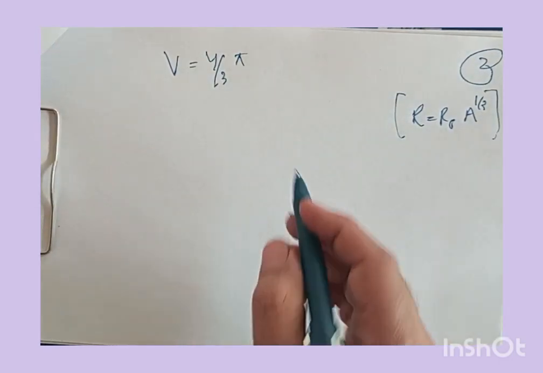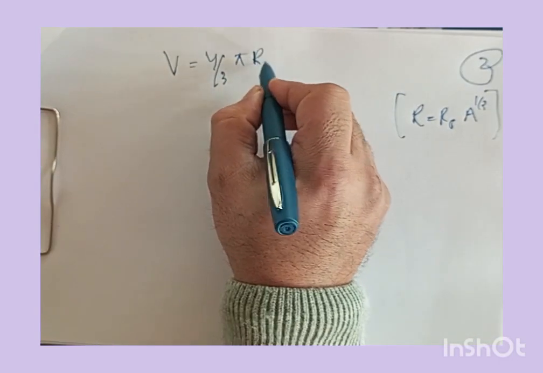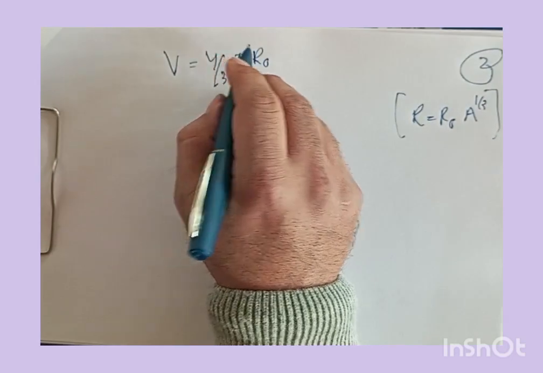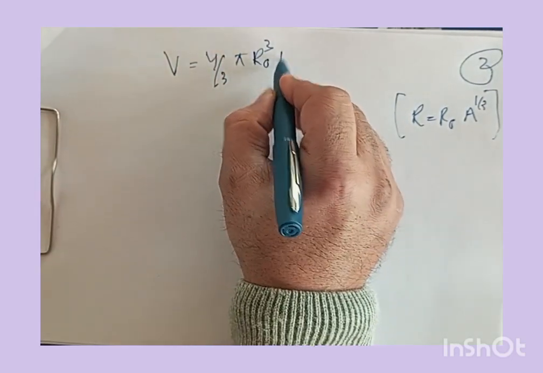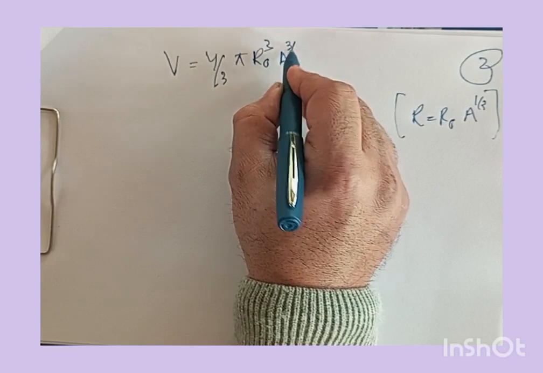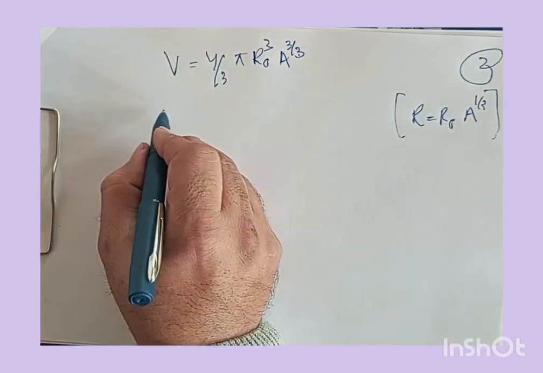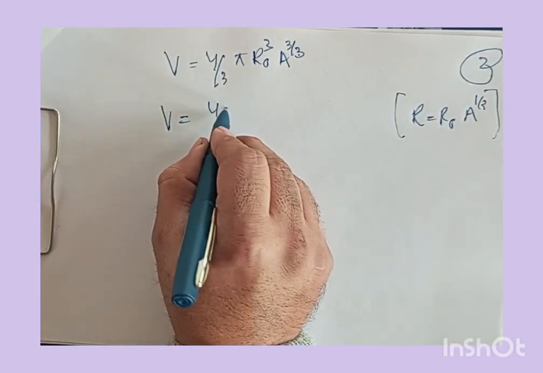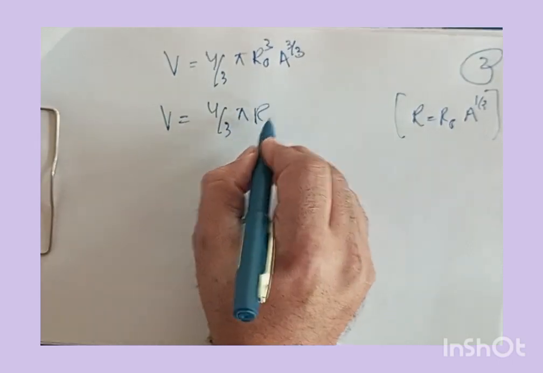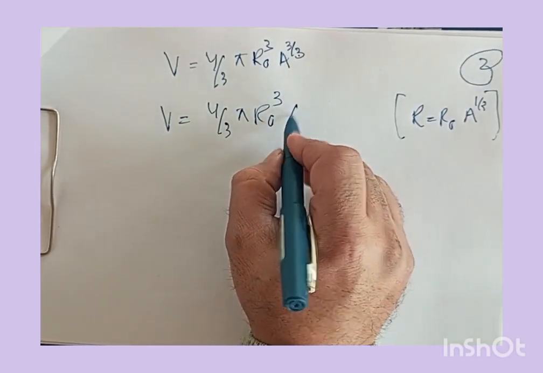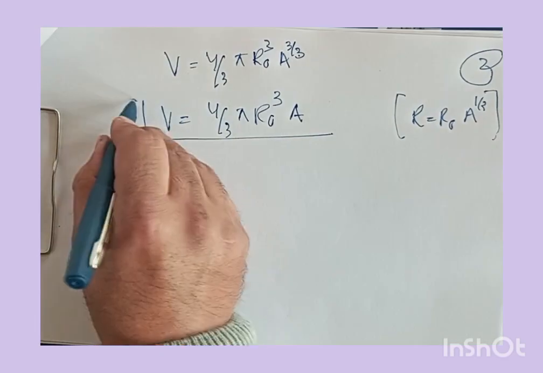So I can use here r naught cube, A to the power of 3 by 3. So the volume will be 4 by 3 pi r naught cube A. From here, I can calculate the density of the nucleus.